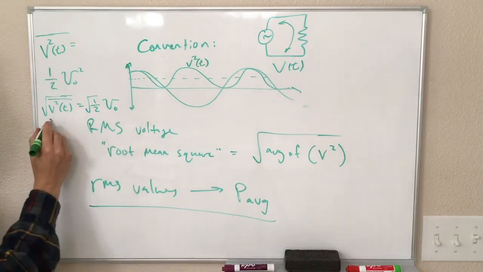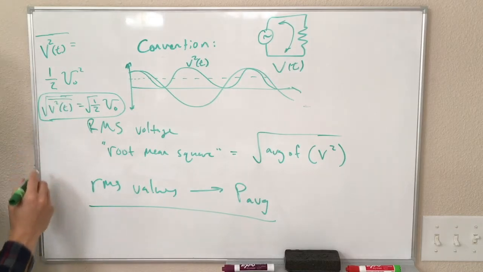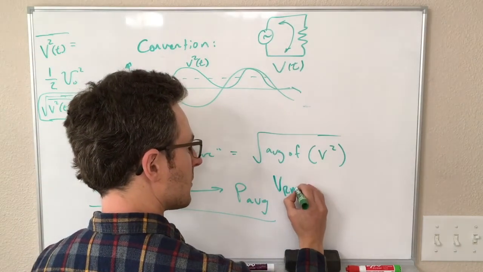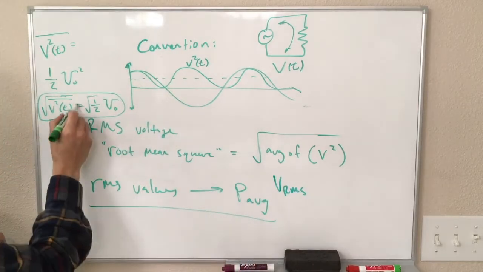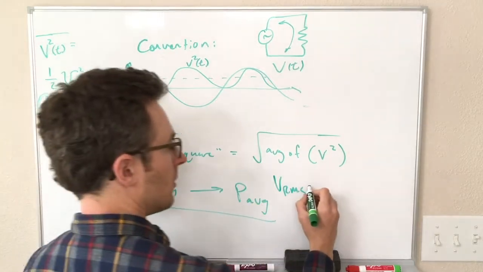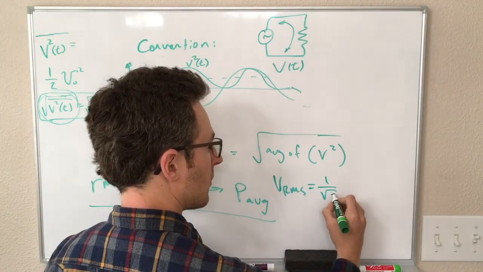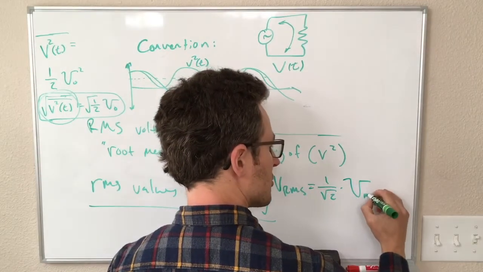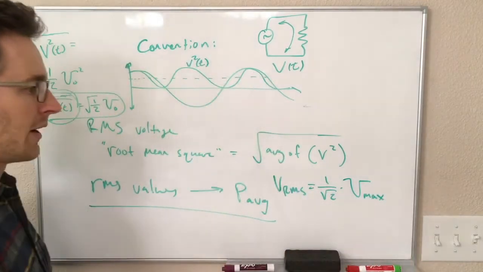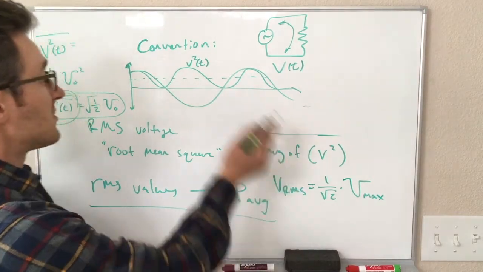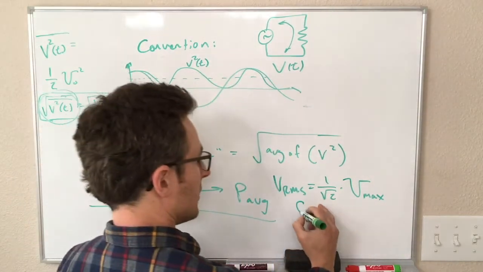Okay, so all of this is to say that our RMS voltage, which is this thing on the left, is equal to 1/√2 times our maximum voltage, which I will just write as V max to remind us that that is what V naught means here. Now, this assumed that everything's oscillating sinusoidally.